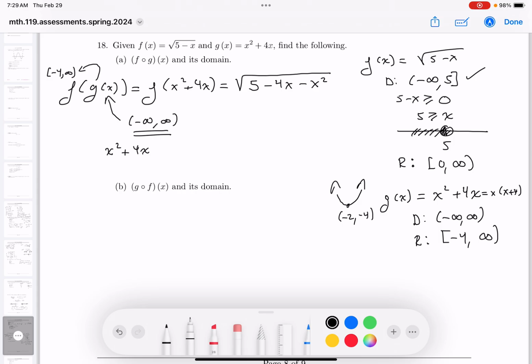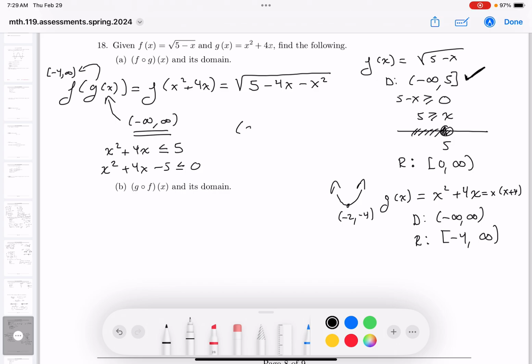I want this to be less than or equal to 5. Now, why is that? If you look at f, I know that this is what it has to be, by the way. Now, can I solve this? I think I can. So x squared plus 4x minus 5 less than or equal to 0.